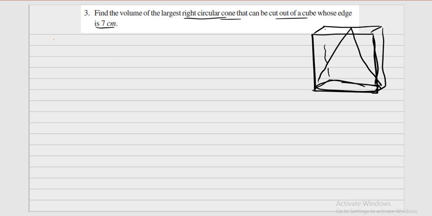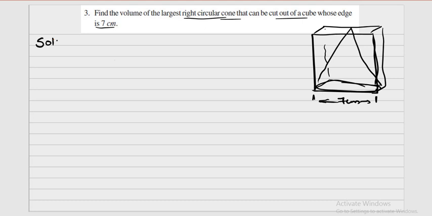If you observe this particular edge length, it is given as 7 centimeters. On this base we are going to have the base of that cone, and the height will be parallel to the edge length of the cube.